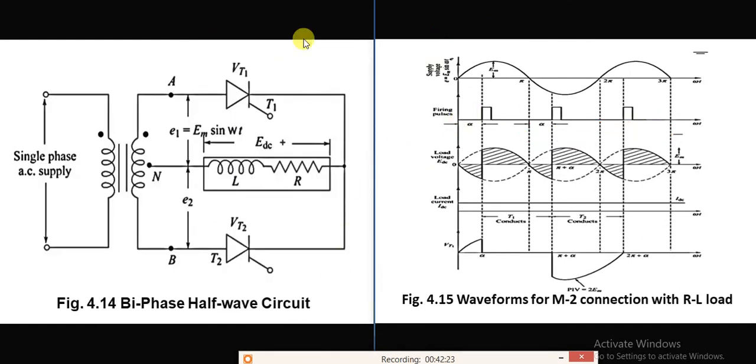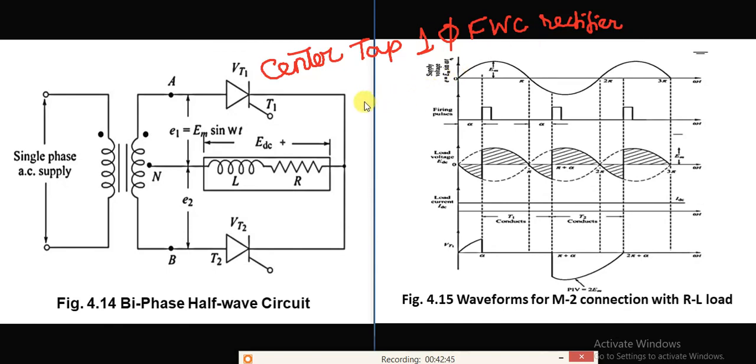So these are various waveforms, and this is a circuit diagram for the center tap single phase full wave controlled rectifier. We have also given the name biphase half wave rectifier.